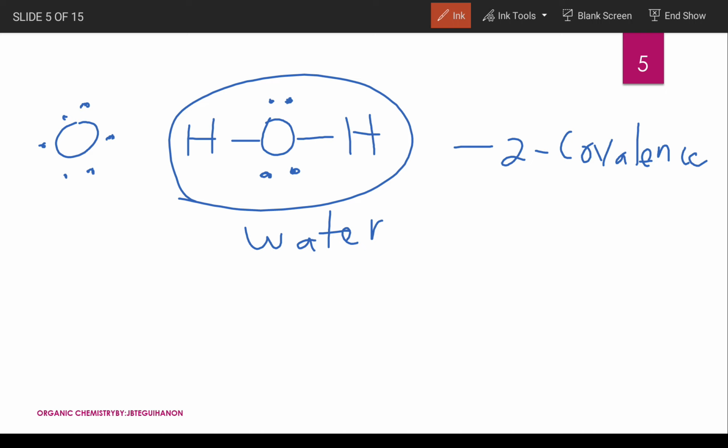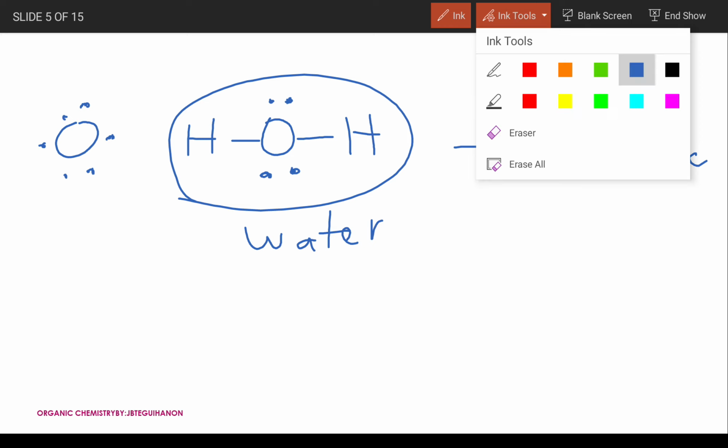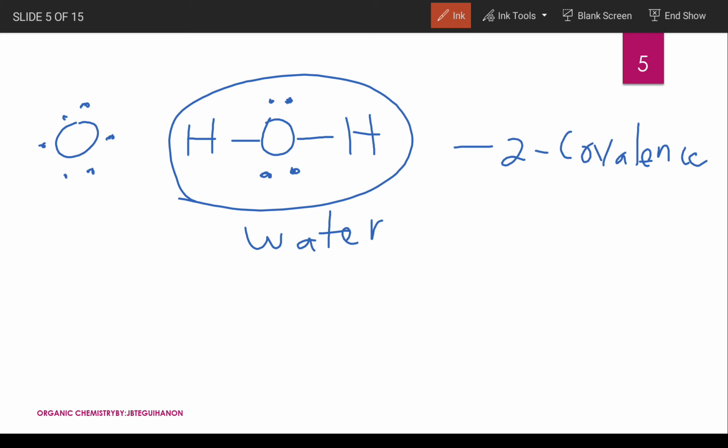For the last one, the F. The F Lewis symbol, you have this in group 7, but the covalence is only 1.